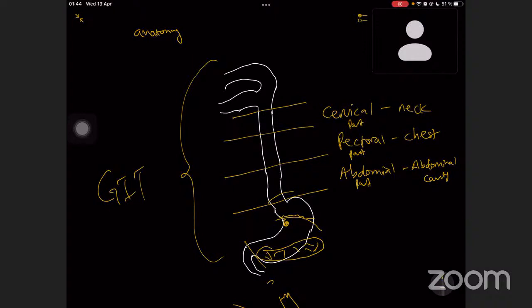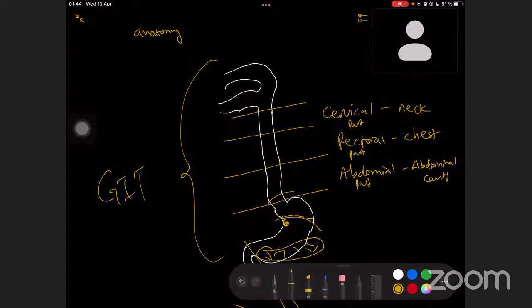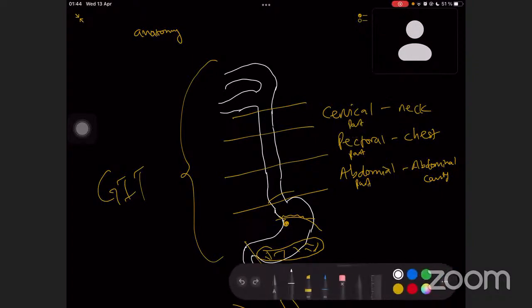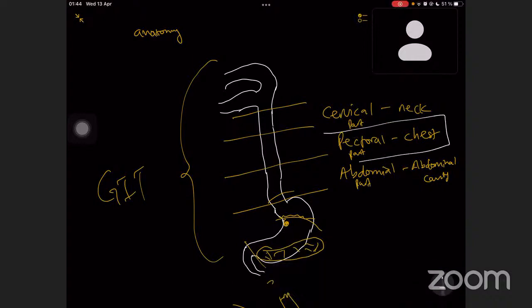This would allow the oncologist to determine where the tumor is, where the cancer is located along the length of the esophagus. And of course, as we know, the esophagus is divided into the cervical part, which is in the neck, then the pectoral part, and then the abdominal part, right?